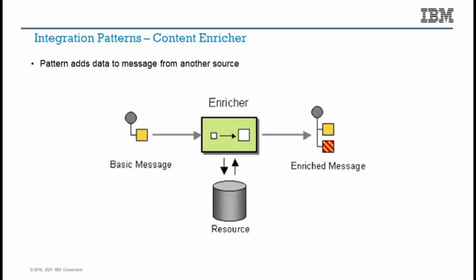Very simple design pattern. There's also this design pattern called a content enricher, where you get a basic message in and you add some value to the message. You add some more data to that message to make it more robust, have more information. This is commonly the integration pattern used for doing AI activity, for example.